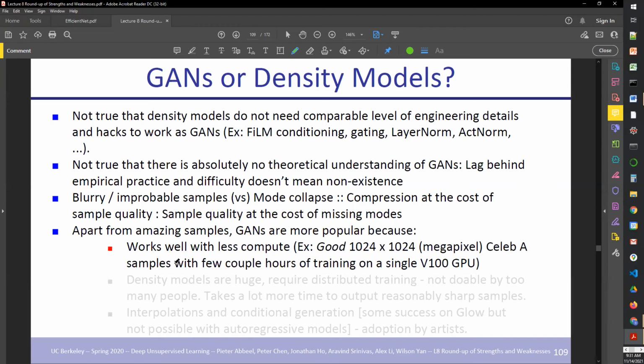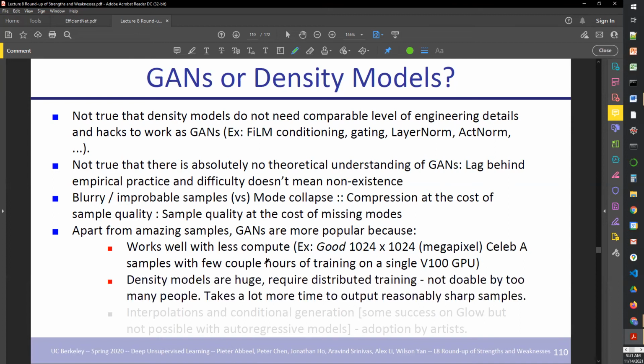Contrast that with a few hours of training for a GAN on a single V100 GPU. So to produce a good autoregressive model on a megapixel image, you need humongous compute, whereas a V100 GPU is still significant but you can get hold of it relatively easily, and the compute needs are not as high. So GANs can do things at much better quality at reasonable compute, not the same for density models.